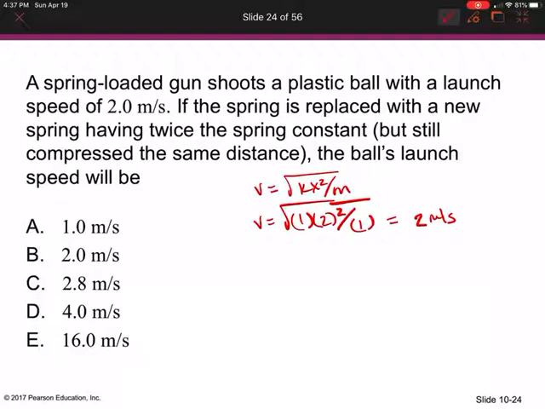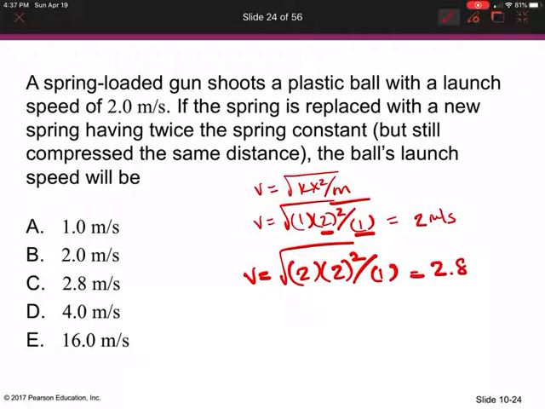The distance is the same, so this stays the same. The mass is the same, so now we do V is equal to the square root of 2 times 2 squared divided by 1. Whenever you do that, you should get about 2.8 on your calculator. Okay? So that gives us answer C.